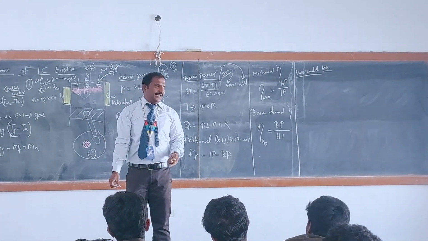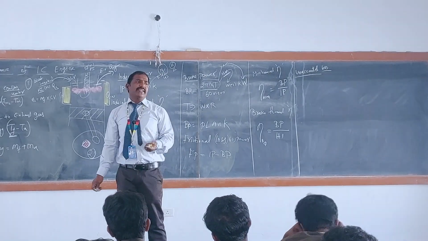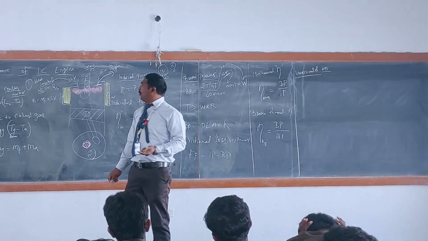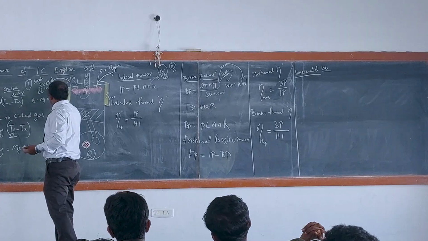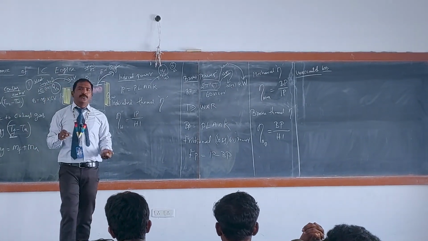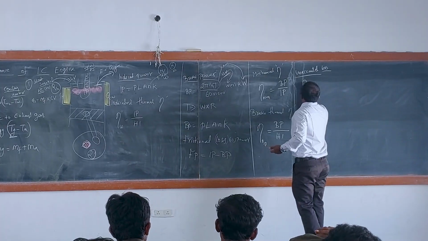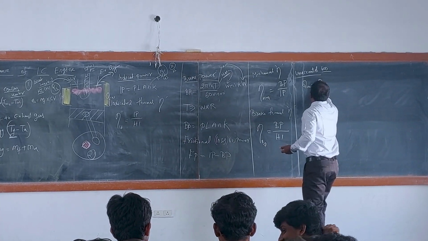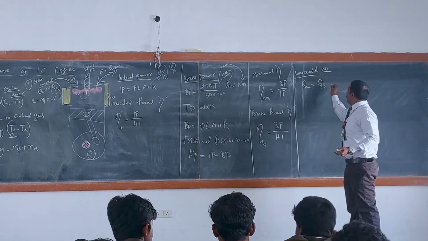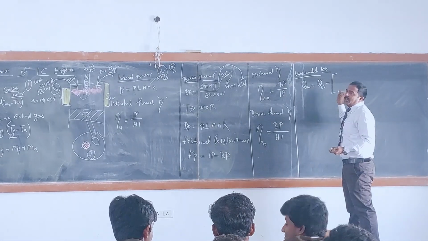These losses will not be calculated. So what we do, we take our input and subtract all the losses, nothing but Q unaccounted is equal to our input minus all those things.